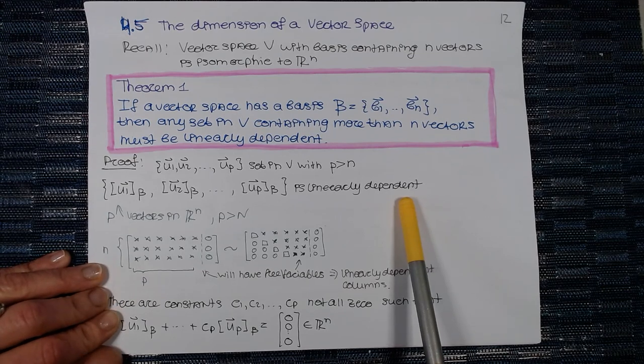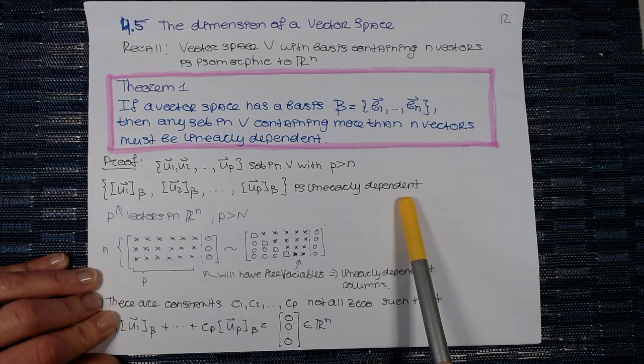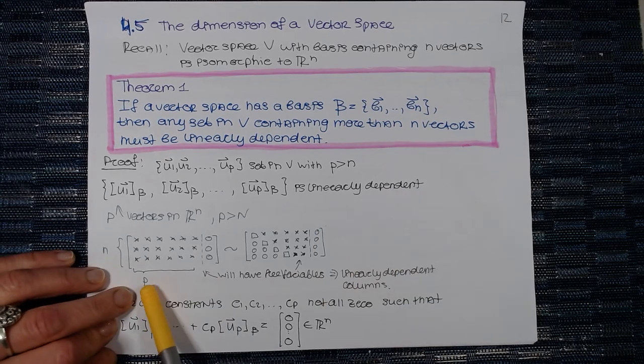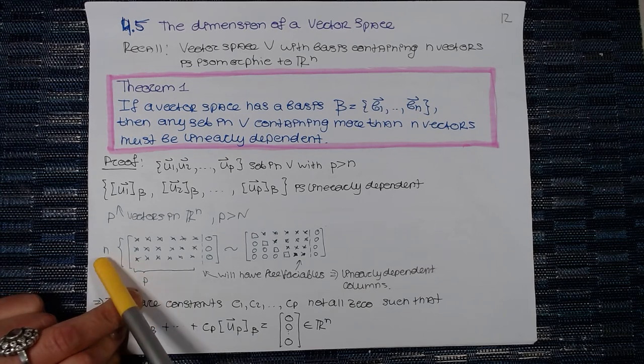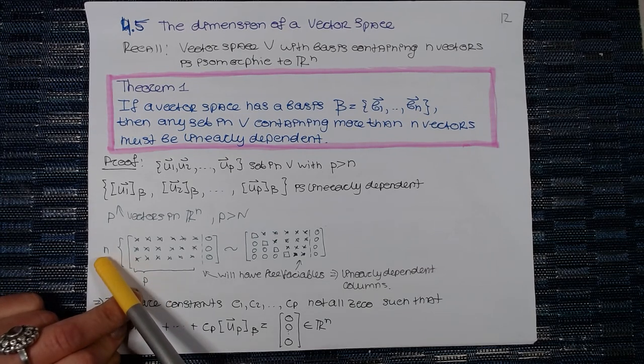And recall we did this theorem for when we're testing linear independence of vectors in Rn. If I had more vectors than the dimension n, then the set of those vectors will have to be linearly dependent, right?